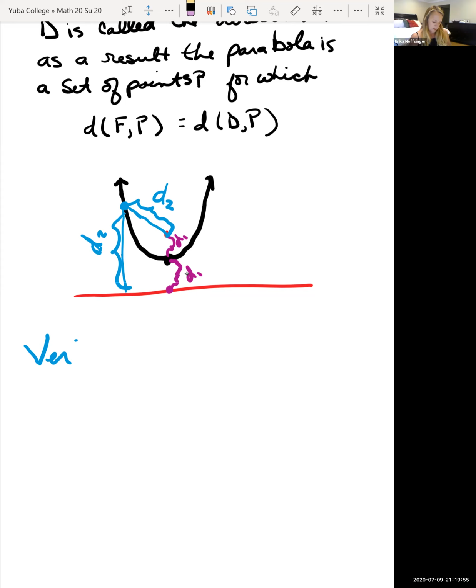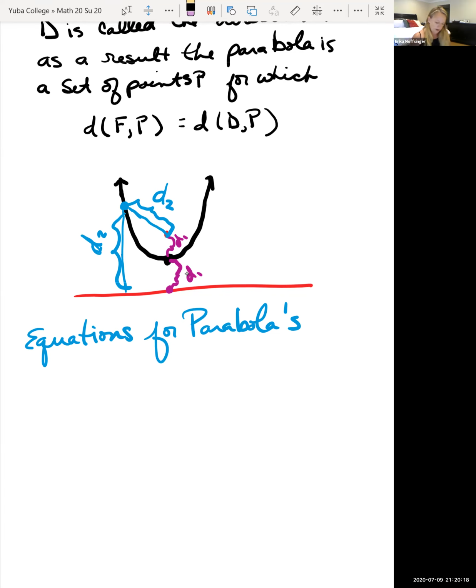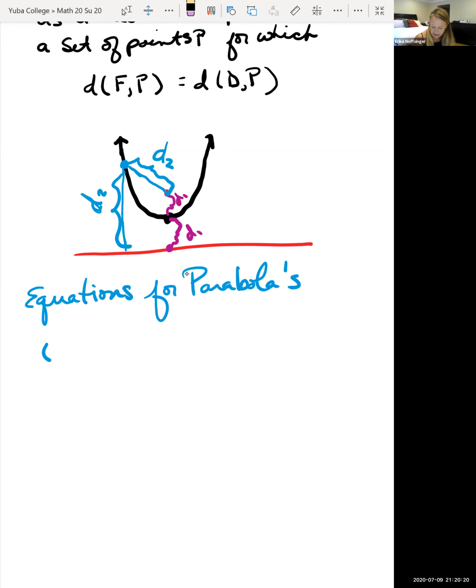So equation for parabolas, h, k, axis of symmetry parallel to the y-axis, a greater than 0. That's weird. So here are our equations for parabolas. If we're going up or down, it's our x value that is squared. This is in a certain form, and we can always manipulate it to get in this form by the completing the square method.